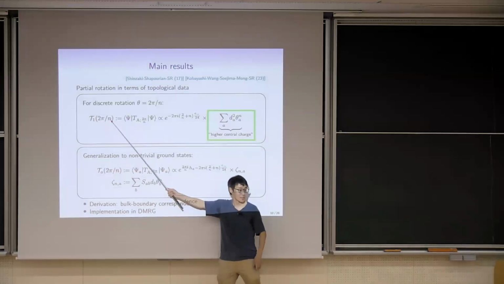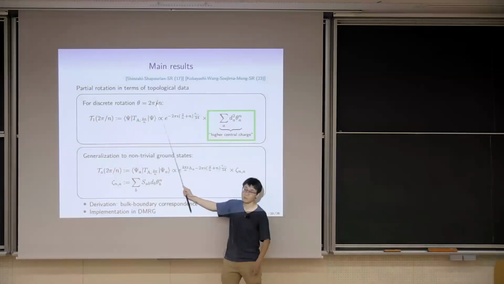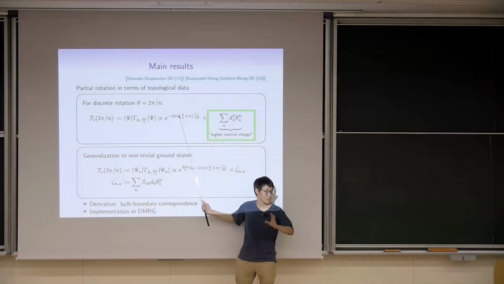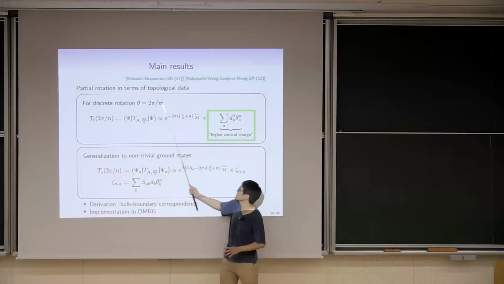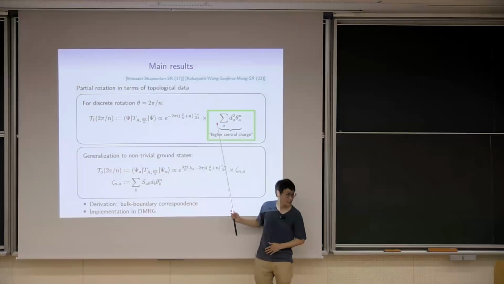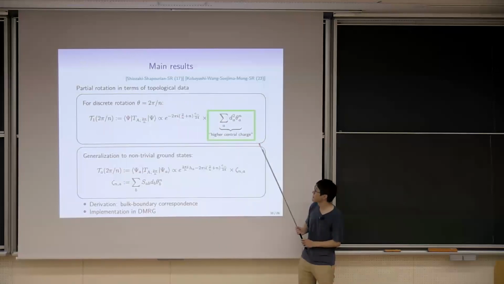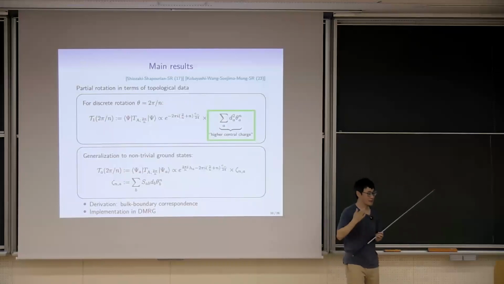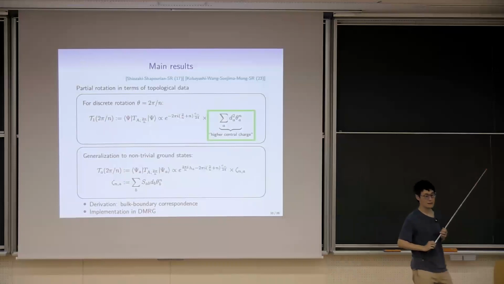Let's say this. And then we just factor out this part. Let's say we do a separate calculation, for example, just by doing momentum polarization calculation. Then you factor out this, and then you look at the phase of this part. That is the higher central charge. I see. So one means trivial ground state. Trivial ground state. I see.